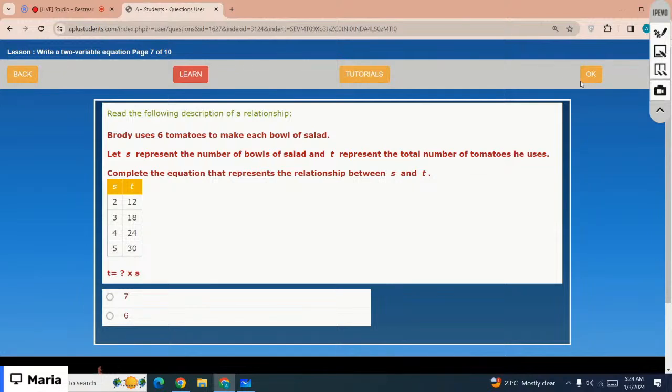Complete the equation that represents the relationship between S and D. The correct option is 6. 2 times 6 is 12, 3 times 6 is 18, so that would be 6.